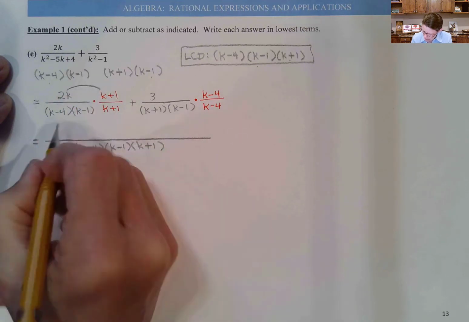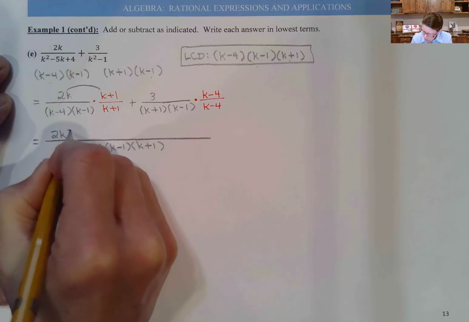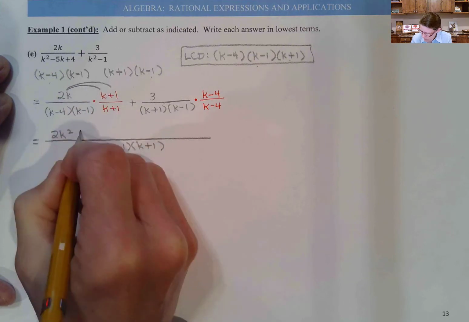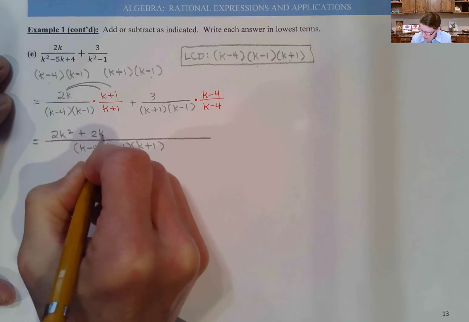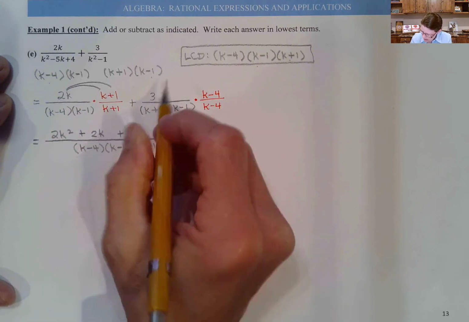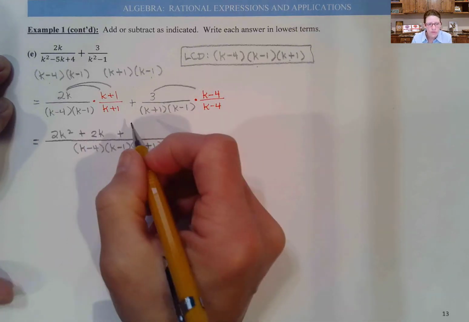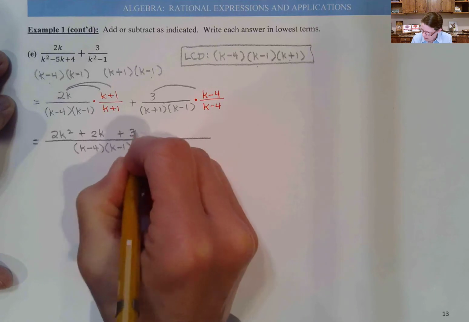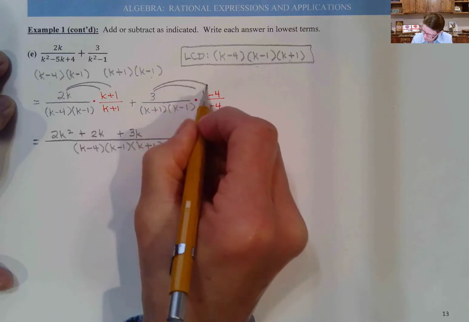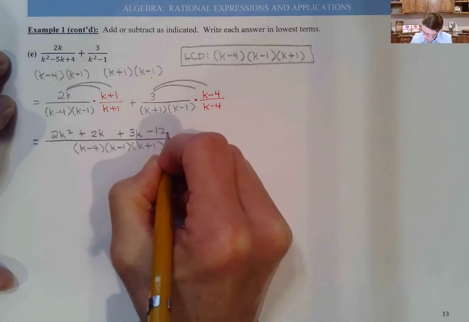Multiplying, we have 2k squared plus 2k, and multiplying with our second fraction and using the distributive property here, we have 3k minus 12.